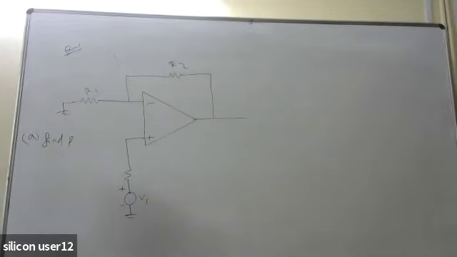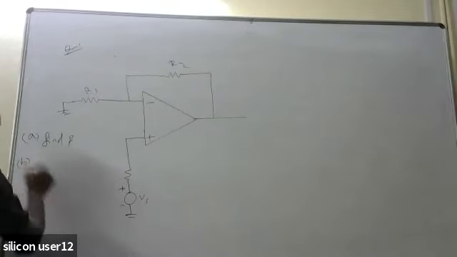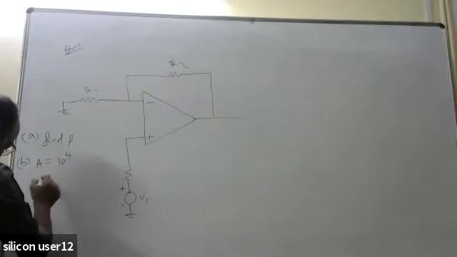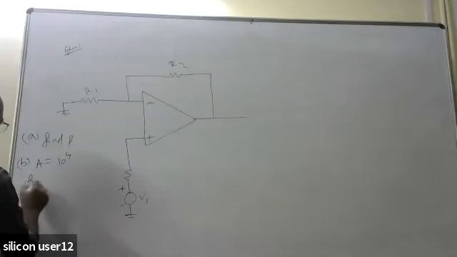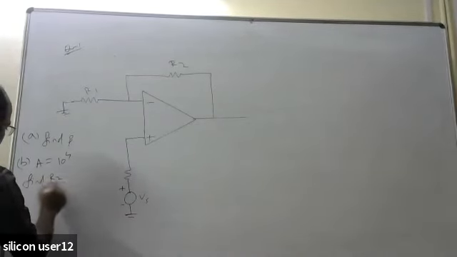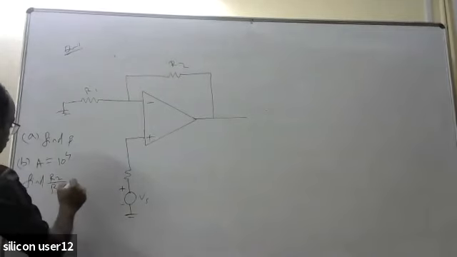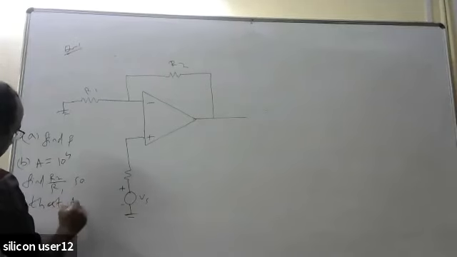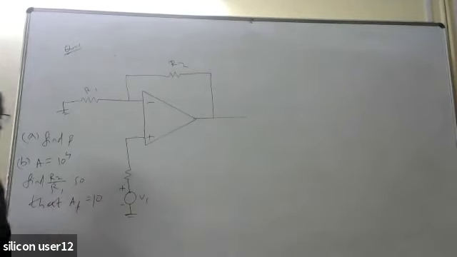The second one is asking, if A equals 10 to the power 4, find R2 by R1 so that AF equals 10. So this is the question.